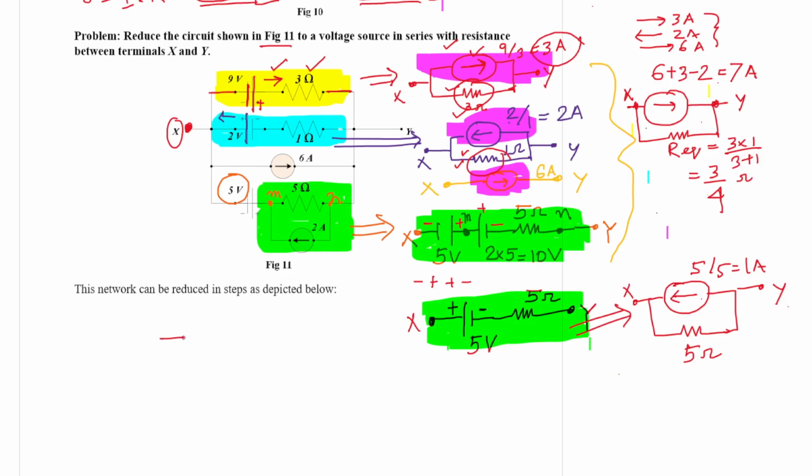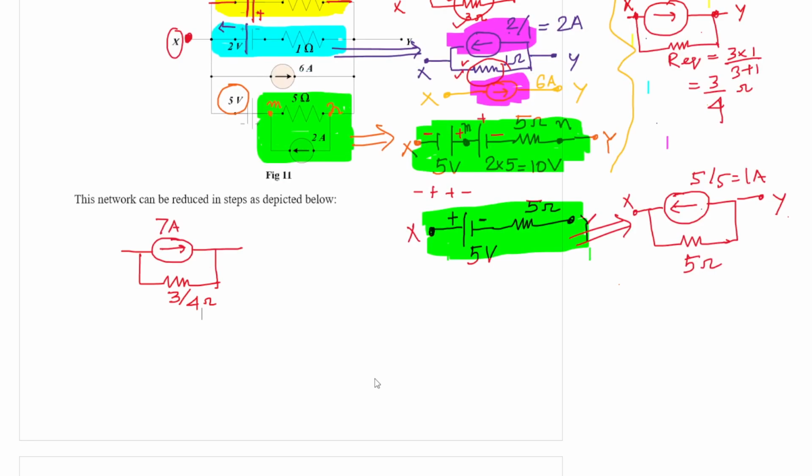First of all, we are getting a current source of 7 ampere in parallel with a 3 by 4 ohm resistance, and we are getting another assembly, a current source of 1 ampere connected with a 5 ohm resistance in parallel, and these two assemblies are connected in parallel across the terminals X and Y. So this is what we are getting.